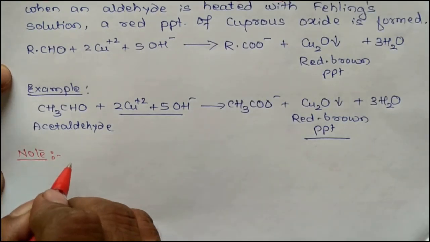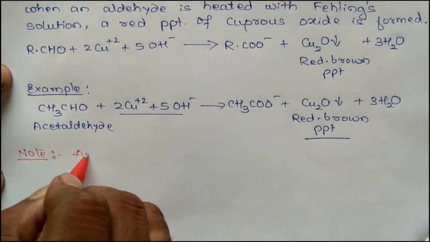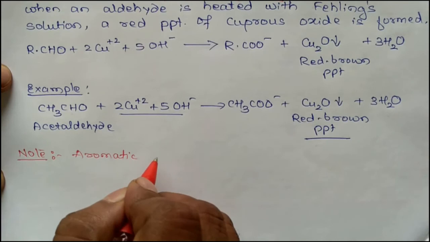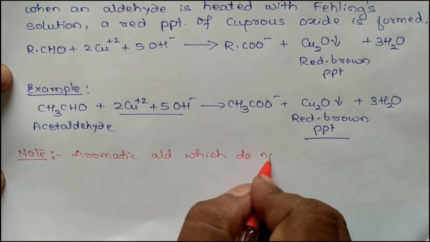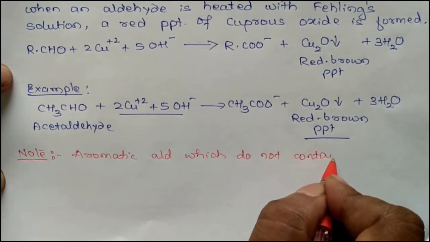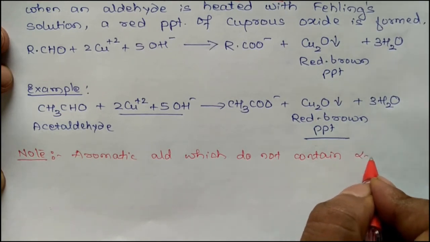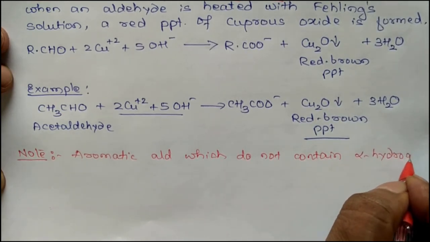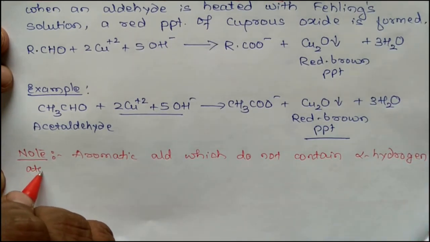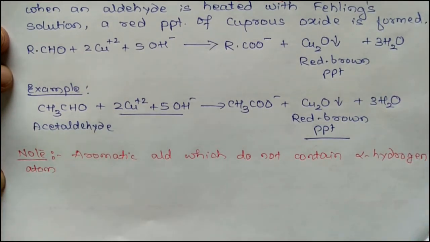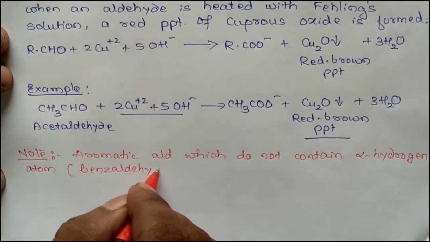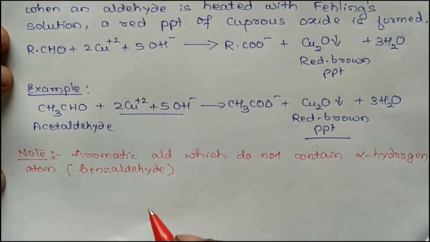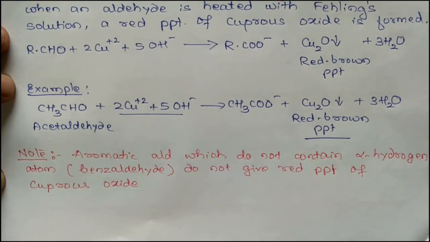Aromatic aldehydes which do not contain an alpha hydrogen atom, for example benzaldehyde, do not give a red precipitate of cuprous oxide with Fehling's solution.